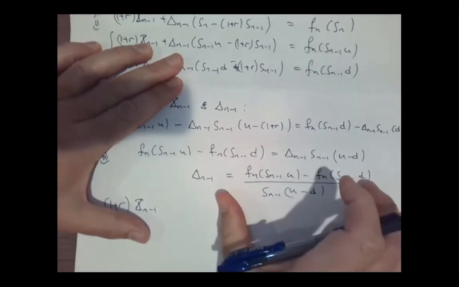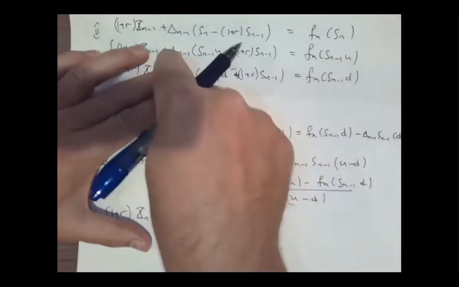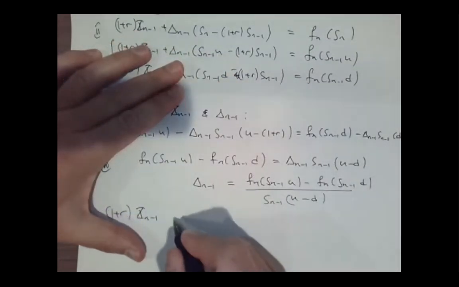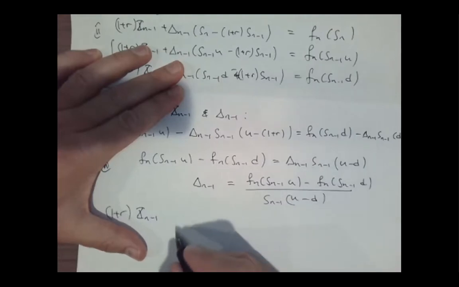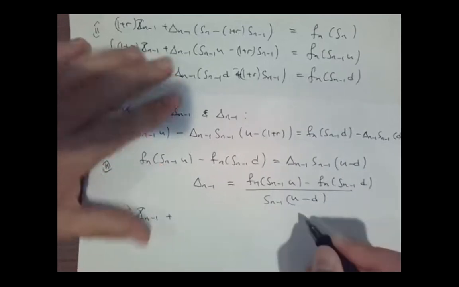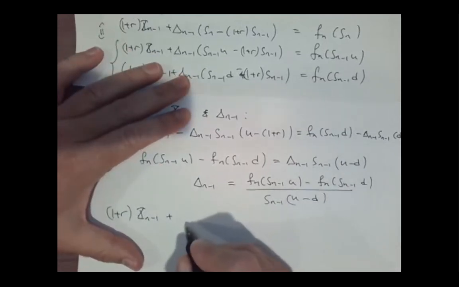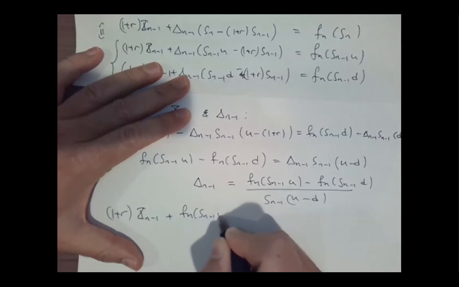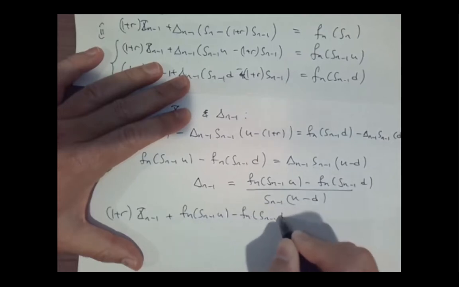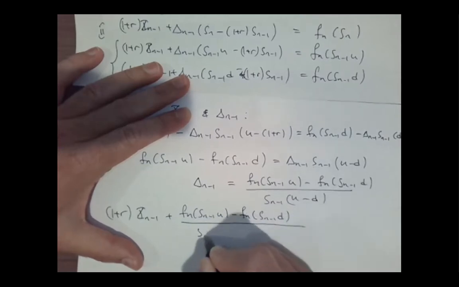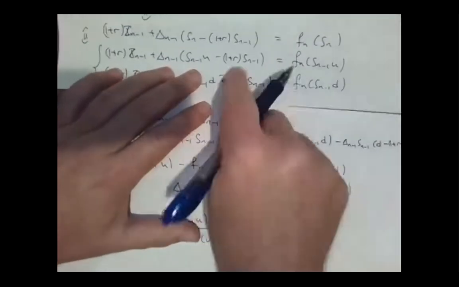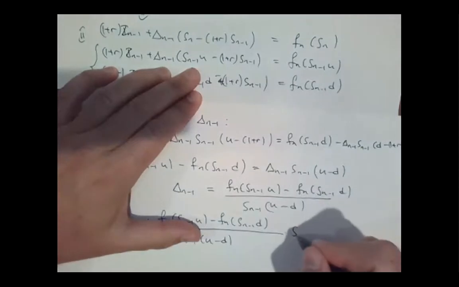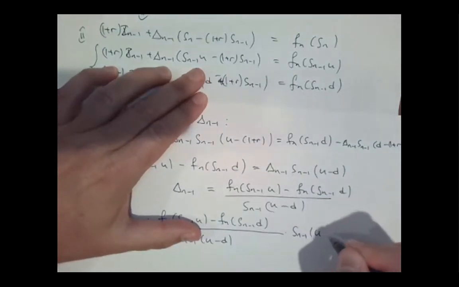So if I take this expression here, put it into my top equation, that should give me a way to determine xn minus 1. And let me try to do it. So I have the first term plus fn Sn minus 1 u minus fn Sn minus 1 d divided by Sn minus 1 u minus d, times Sn minus 1 u minus 1 plus r.